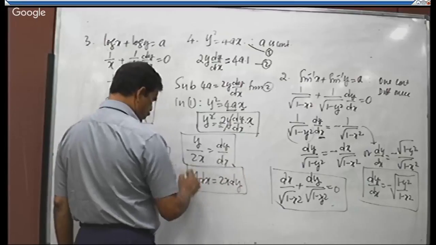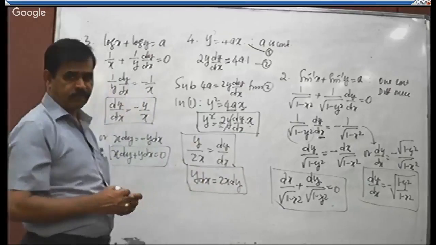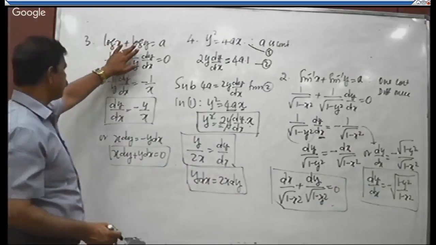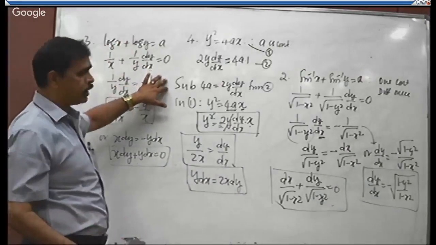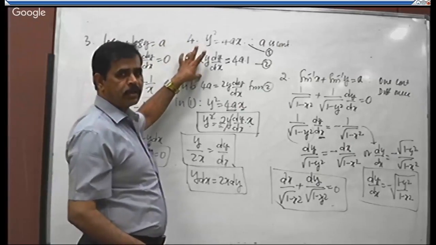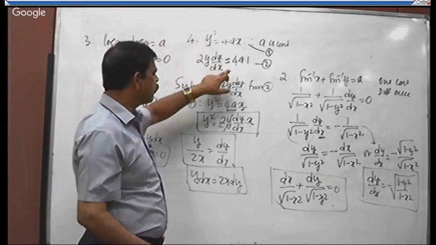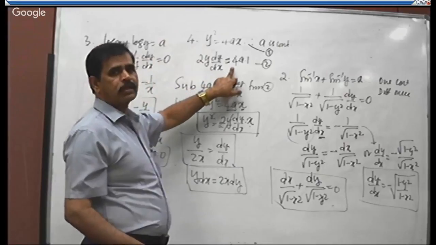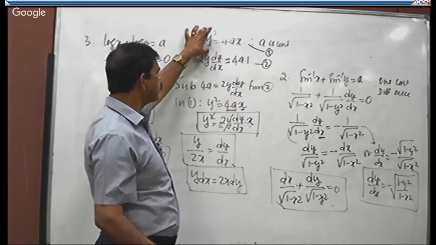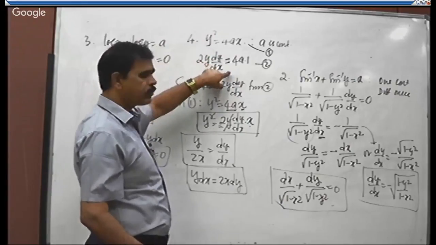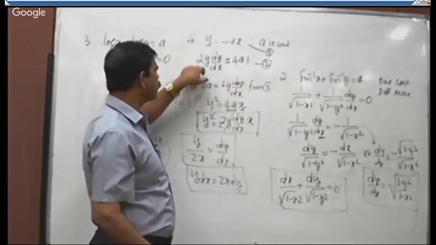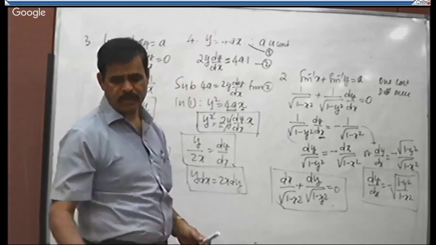This can also be called a differential equation. Got it? Sometimes after differentiation, the constant will be eliminated automatically. Suppose it is not eliminated automatically, then substitute it. The constant is separated from the given function and substituted in the derivative, or from the derivative you can substitute in the function. Right?